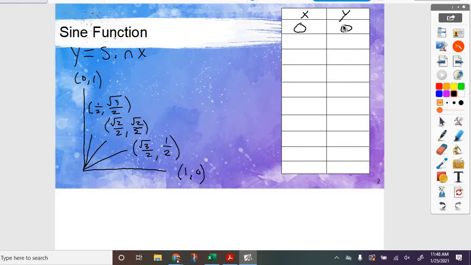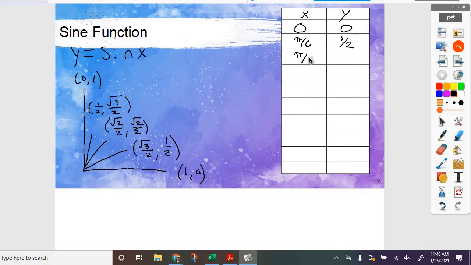Pi over 6. Okay, and then what is our output in that one? 1/2. What's our next angle? Pi over 4. Agreed. And what do we get? Square root of 2 over 2.